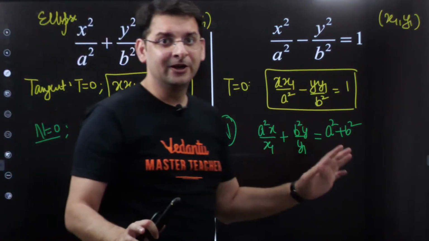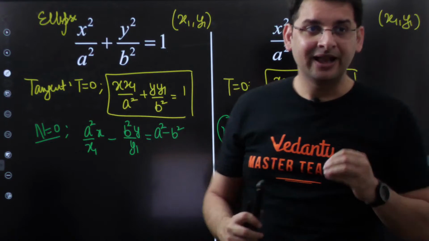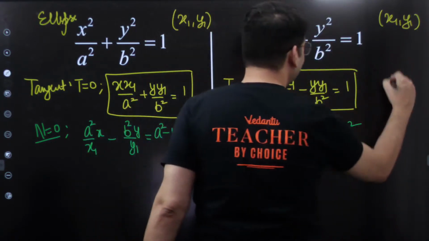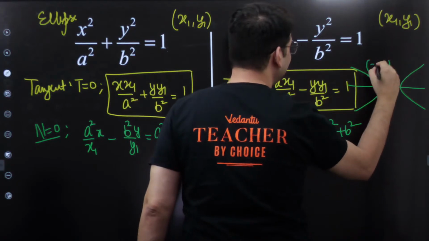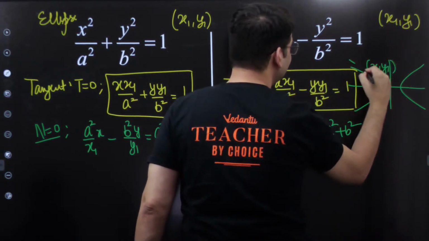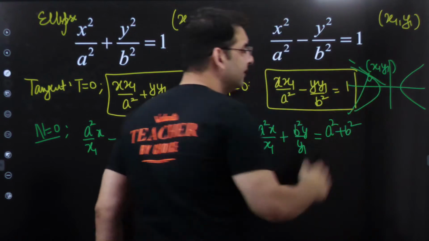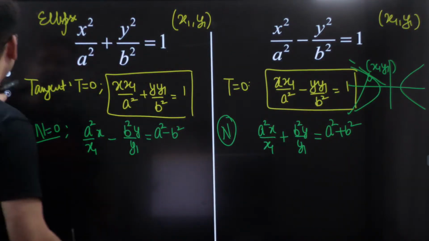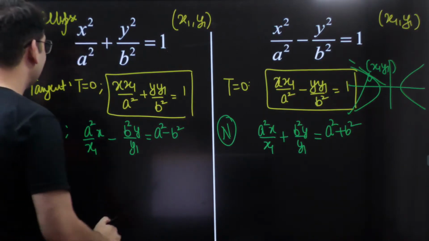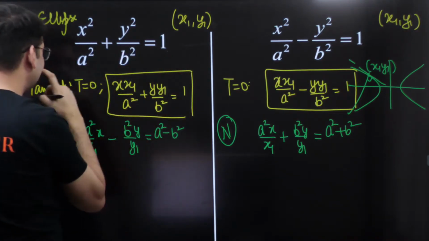And we are done. So at a point x1, y1 on the hyperbola, we are able to directly write the equation of the normal. That is important.